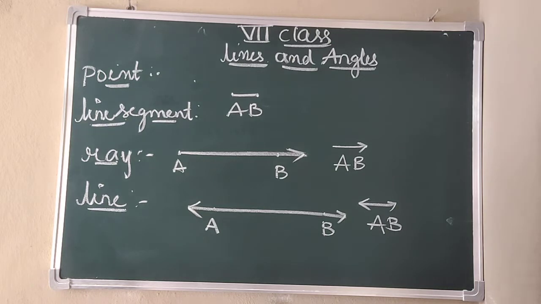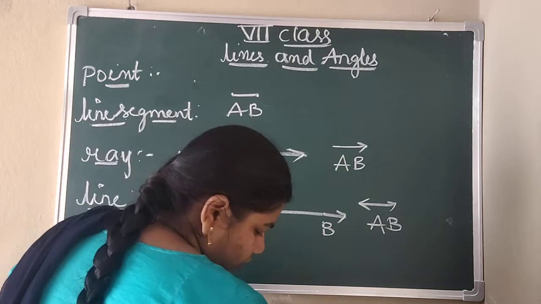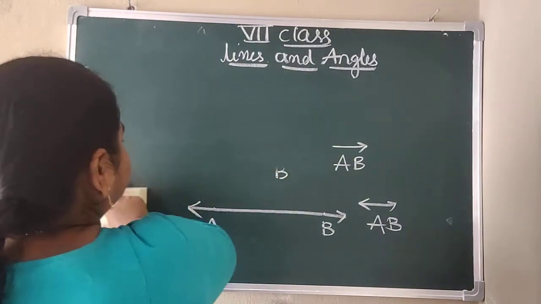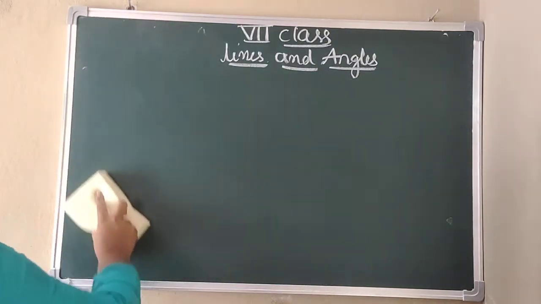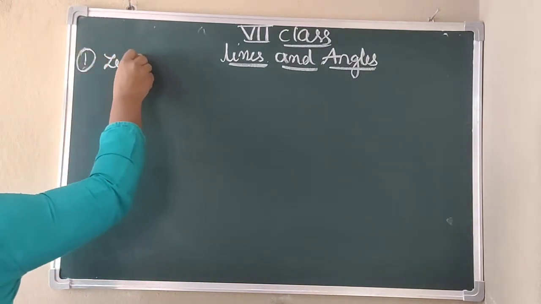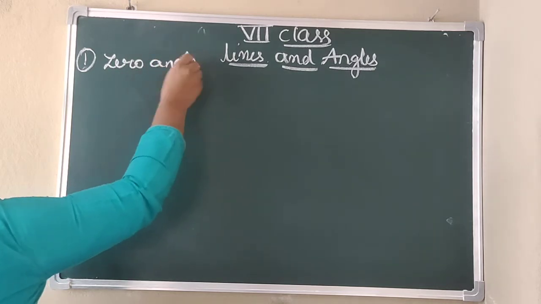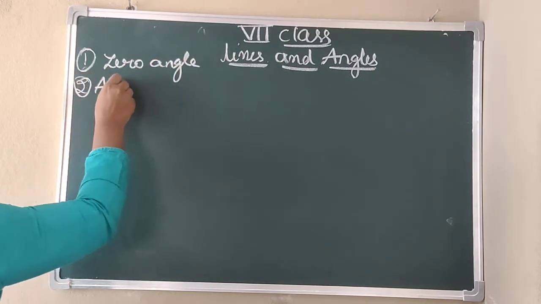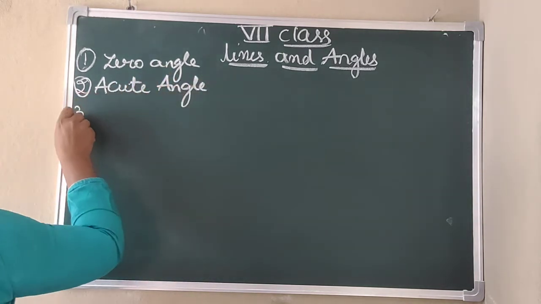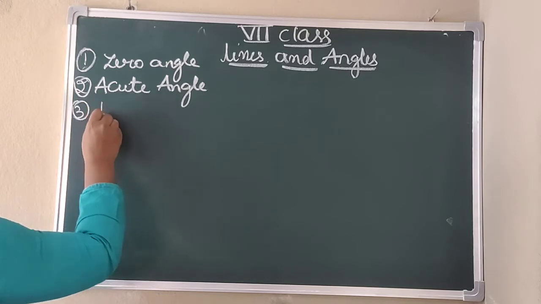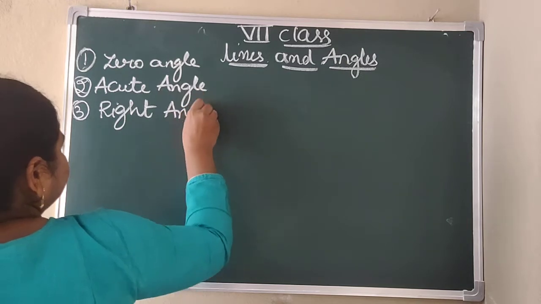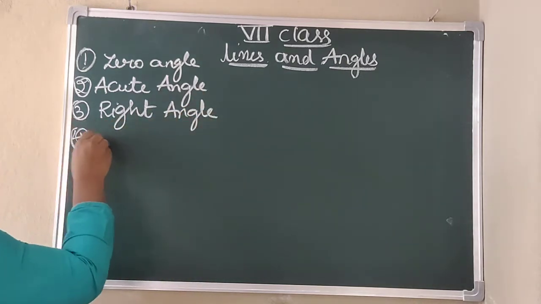Next is angles. So how many different types of angles are there? First angle is zero angle. Second is acute angle. Third is right angle. Fourth is obtuse angle.